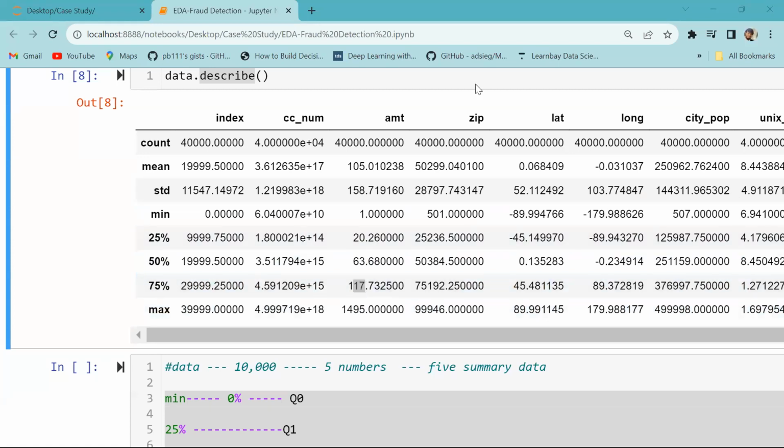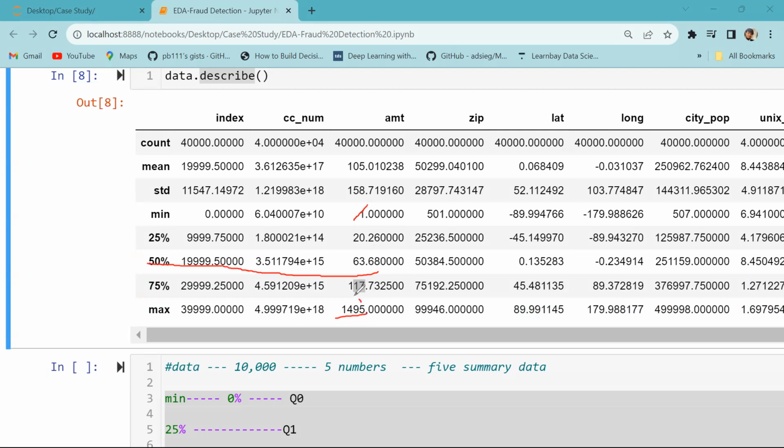I think anyone might get some kind of question, sir. 50 percentile means the middle number, right? So between 1 and 1495, the middle is not 63.